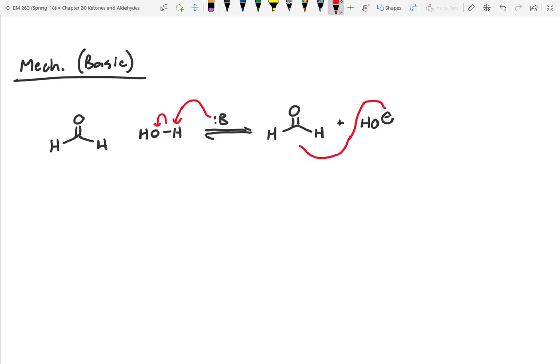And in the next step, this can attack in, kick up electrons. Should be an oxygen with the negative charge.